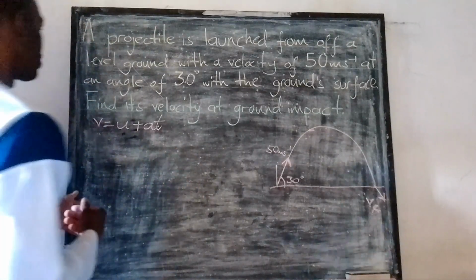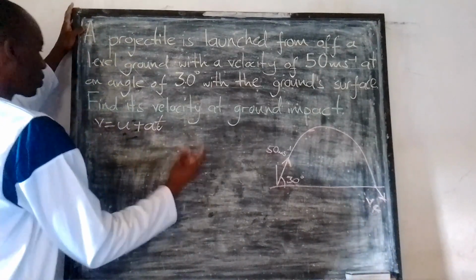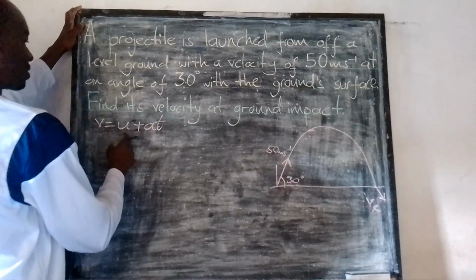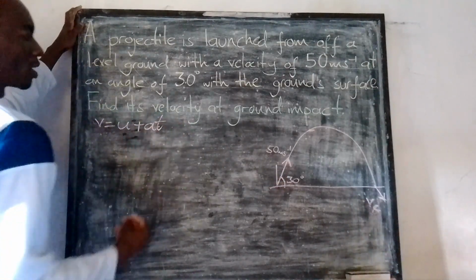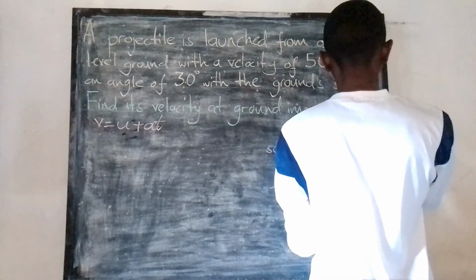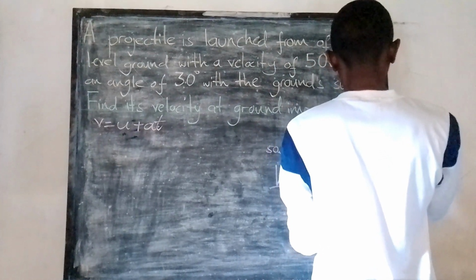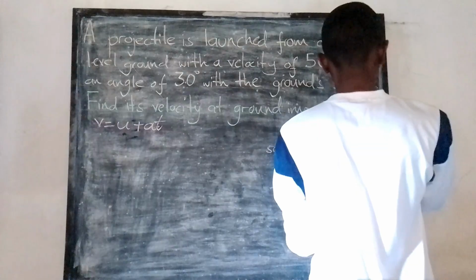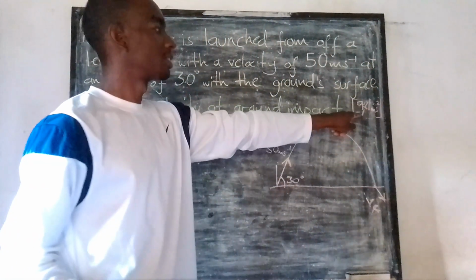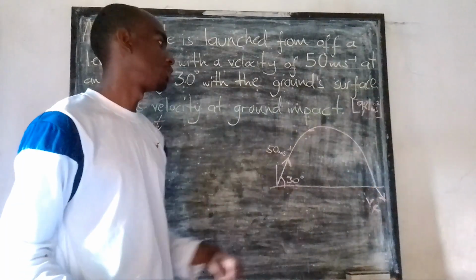How do we find the time of flight? Now, we could say the initial velocity in this case is 50 sine theta, and the acceleration due to gravity, let's assume, is 9.81 meters per second squared.